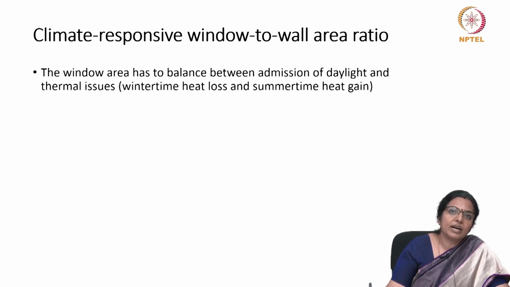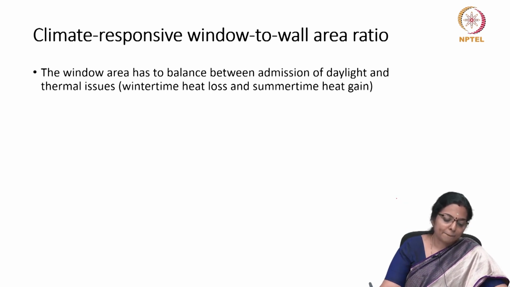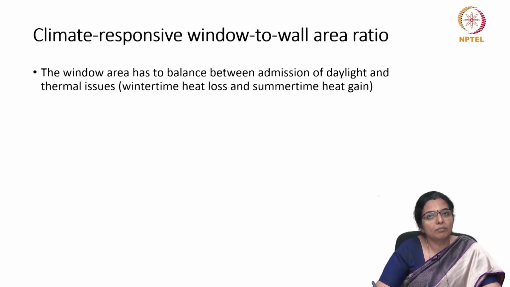Second is climate responsive window to wall area ratio. The window area has to balance between admission of daylight and thermal issues such as winter time heat loss and summertime heat gain. That is something we do not want.